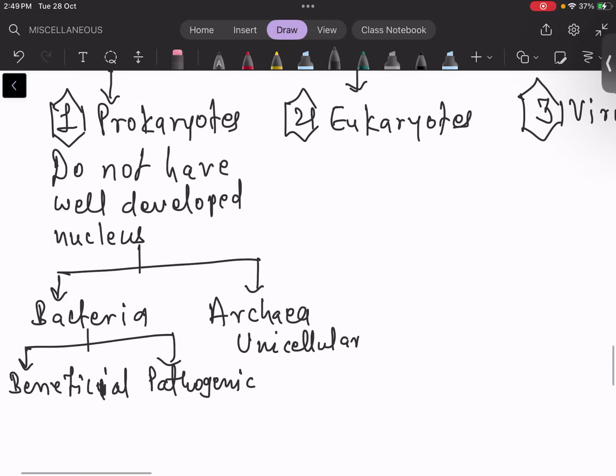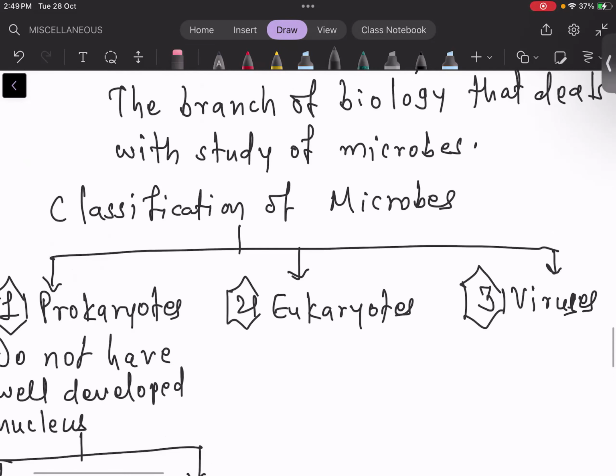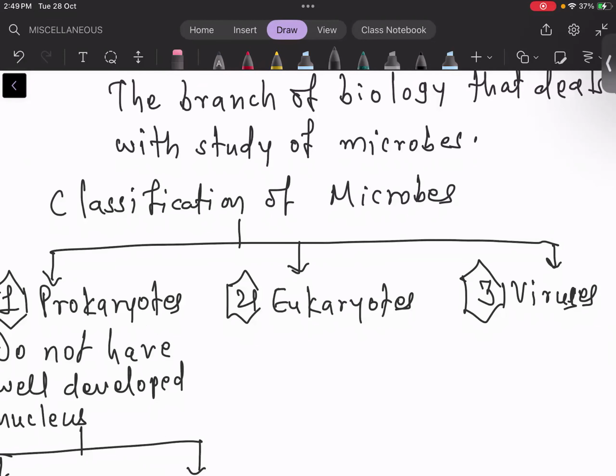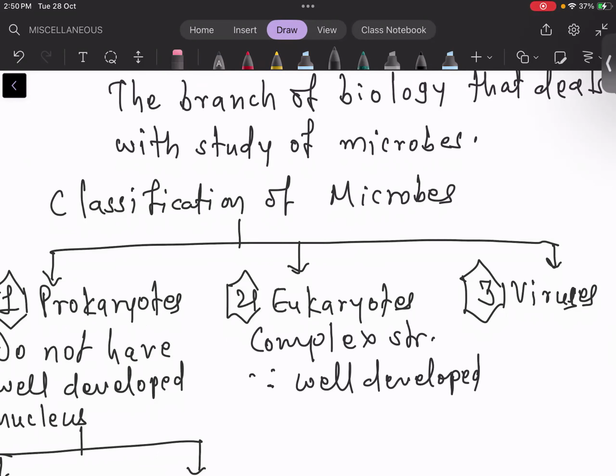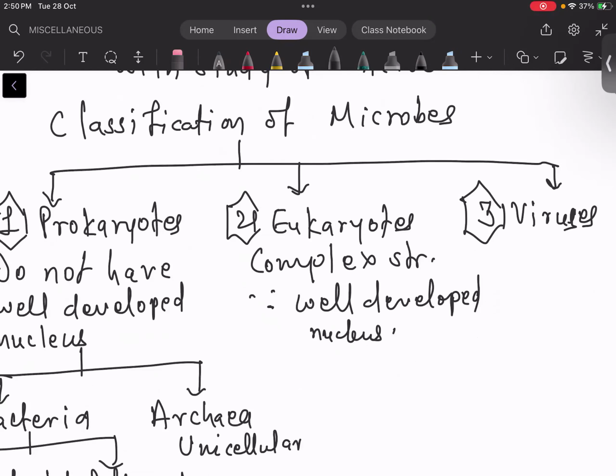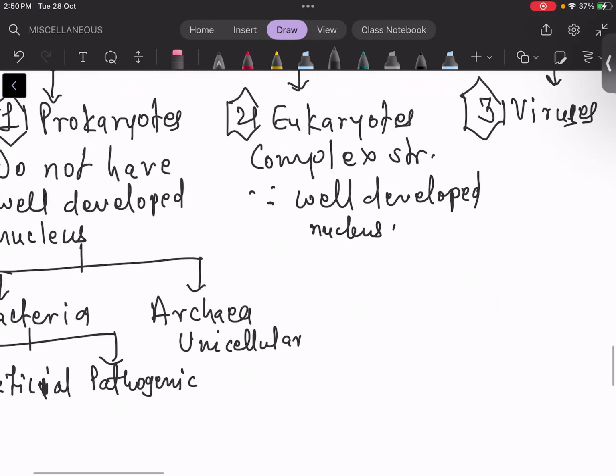The next, eukaryotes. Eukaryotes have a complex structure since they have a well-developed nucleus. They are further classified into three types.